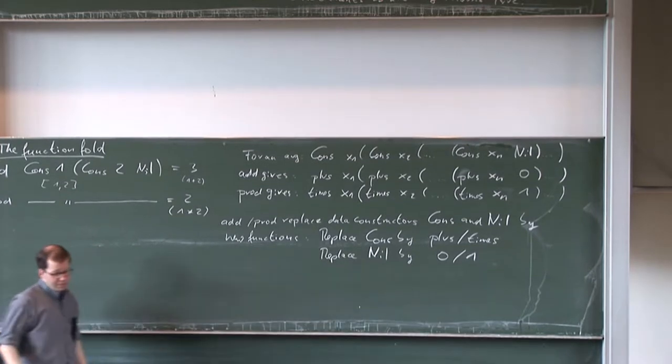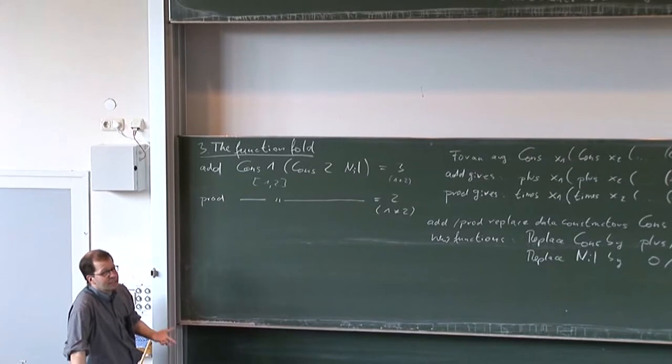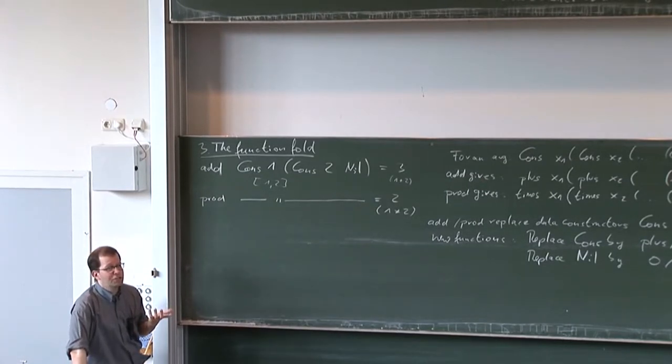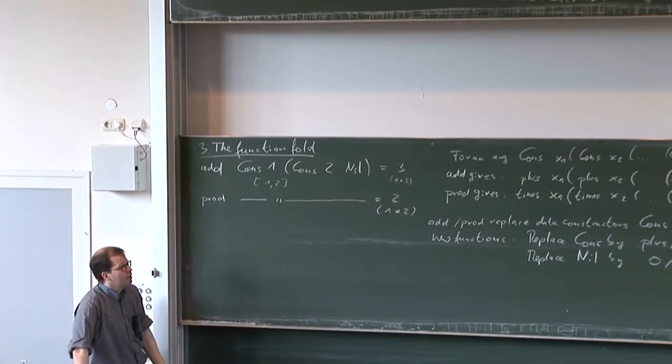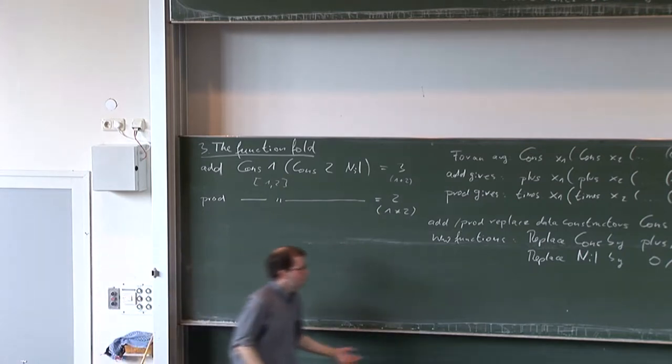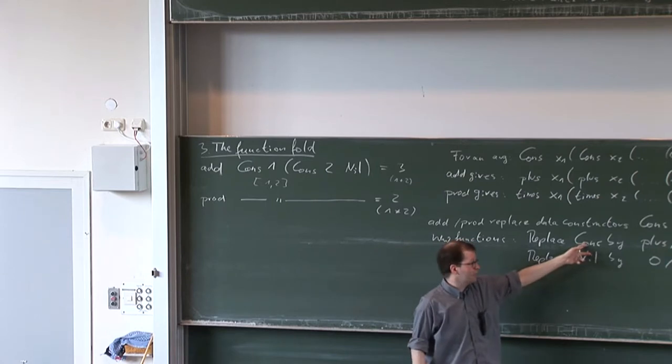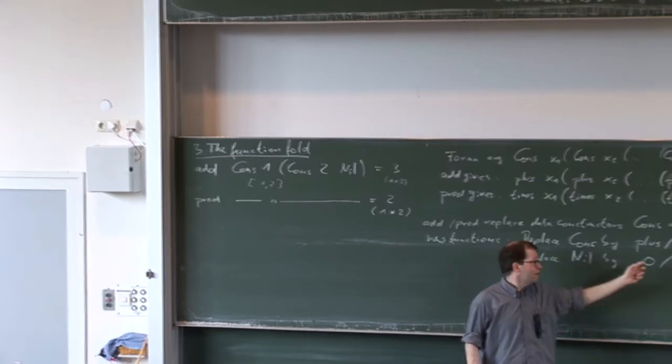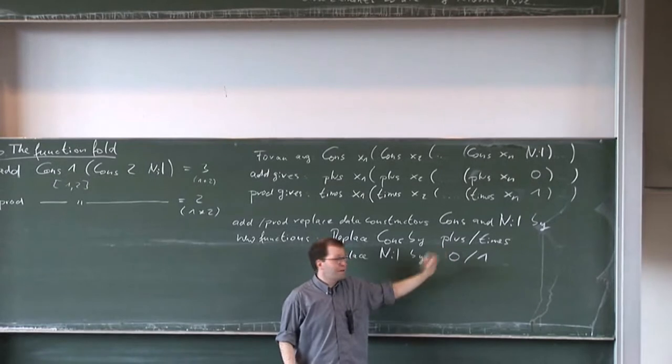Okay, and when we see this, then we get an idea how to abstract from add and prod and to define a function which does something more general. Because we can see what the difference is between add and prod. They both replace the constructors of our data structure by new functions or by new values, but by different values.